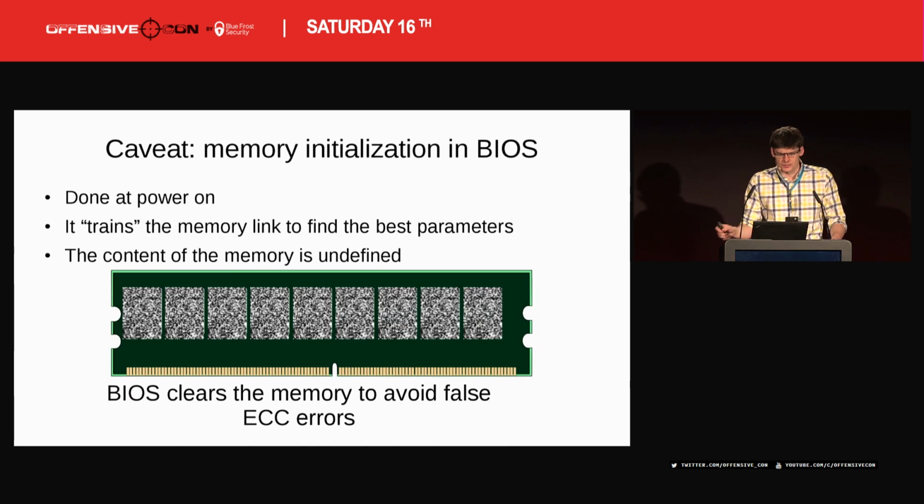However, there's a problem. When a machine with ECC memory boots up, it has to train the memory, as does any other machine that boots up from scratch, to train the memory link. But with ECC memory, it's very important to clear the memory before you use it. Why is that?